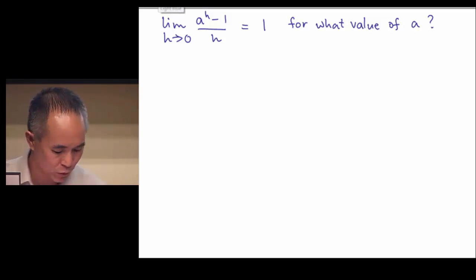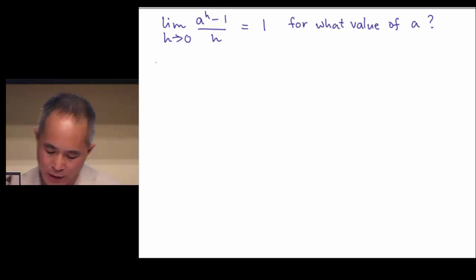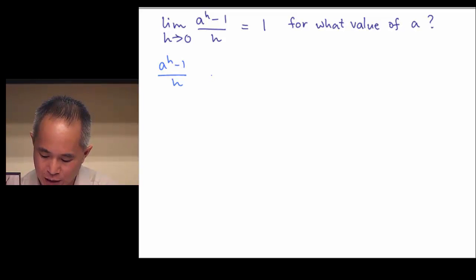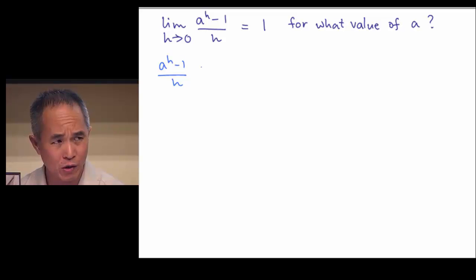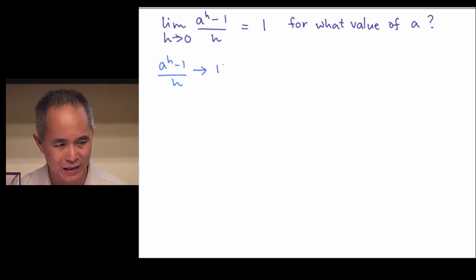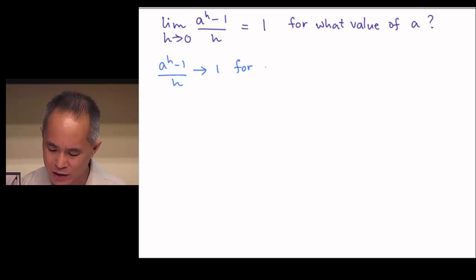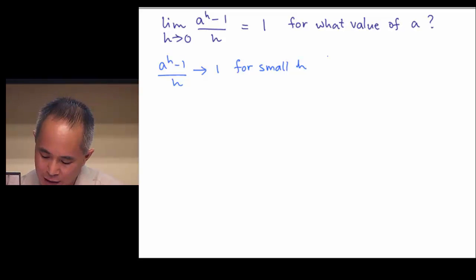So we can analyze it this way. We have something like a to the h minus 1, over h. If h is small enough, for some value of a, I want this to be very close to 1, or going towards 1. It turns out that I can write this down as a to the h equals, say, 1 plus h.